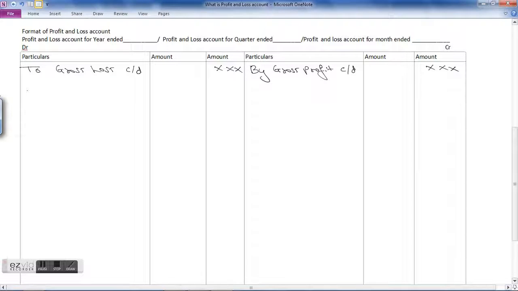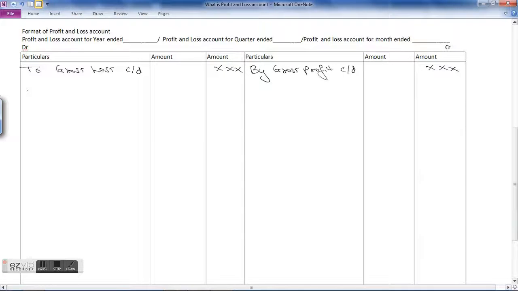In the trading account we included the expenses that were part of the cost of goods sold. In the profit and loss account, all the expenses apart from those are included here, that is, all the indirect expenses.